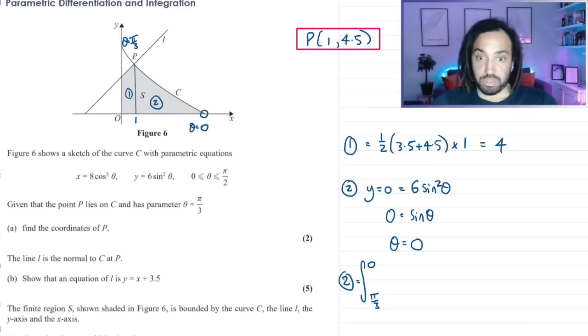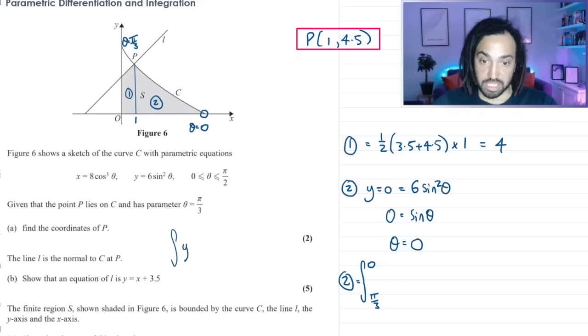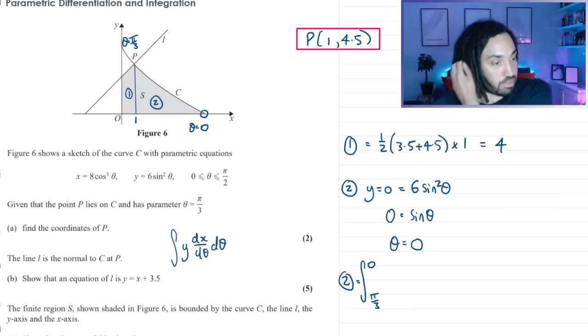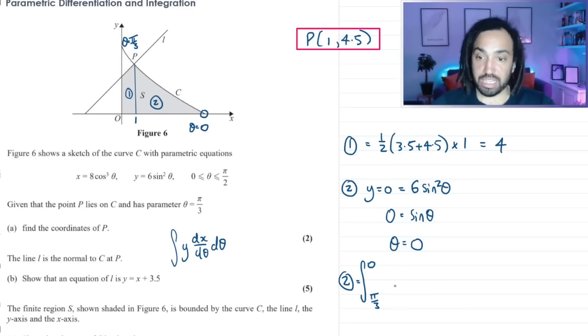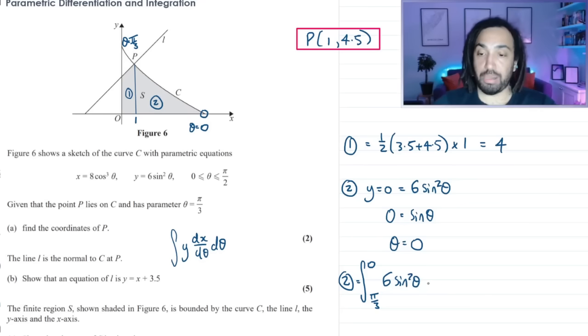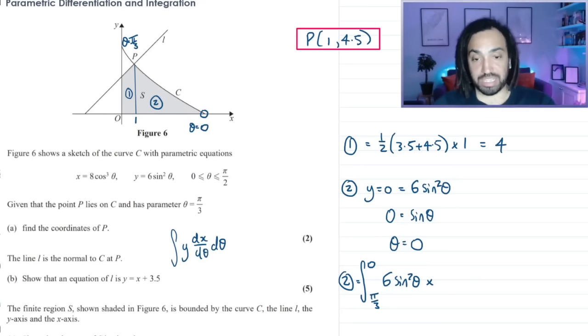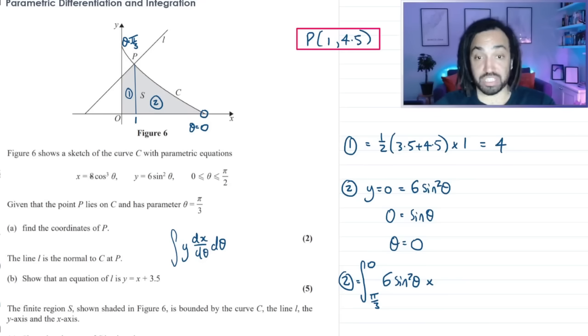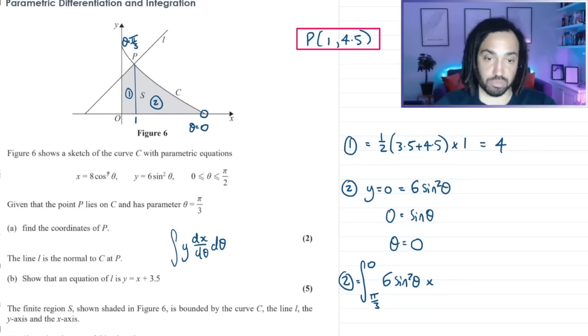Okay, now what is the formula for parametric integration? It is y dx by d theta, like so. Okay, so the y is the 6 sine squared theta, and then we're going to times that by dx by d theta. So it's the derivative of this, which we have actually worked out, but I've removed it from the screen. What we did is we did 3 times 8, which was 24.